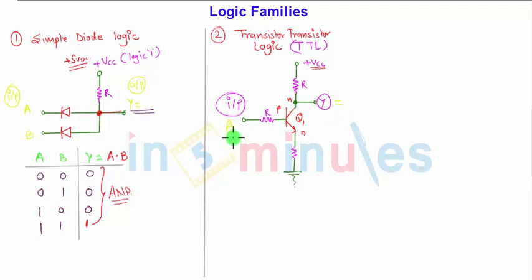So what I have here is, if A is equal to 1, Y is equal to 0, and if A is equal to 0, then the transistor will be off and all the voltage will appear at this point, that is, Y is equal to 1. So this is a kind of inversion, which we write as a NOT gate. So this is basically a TTL NOT gate.